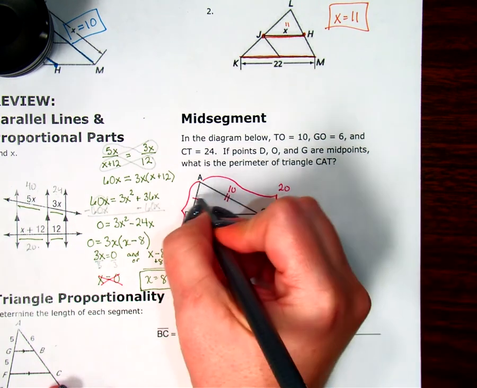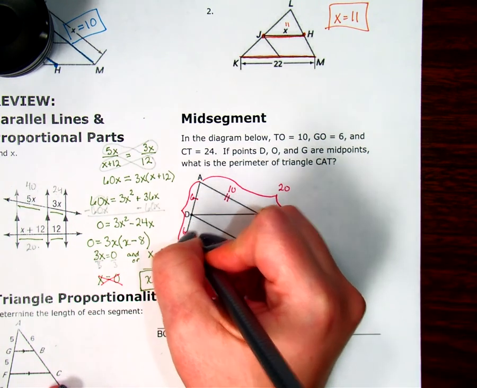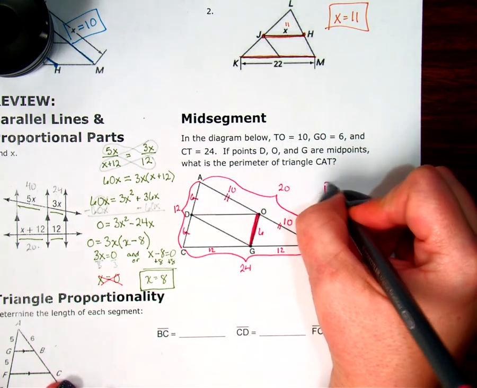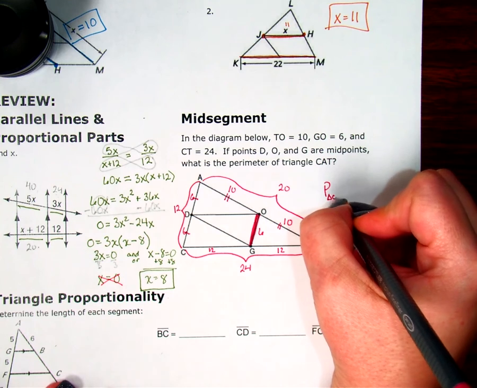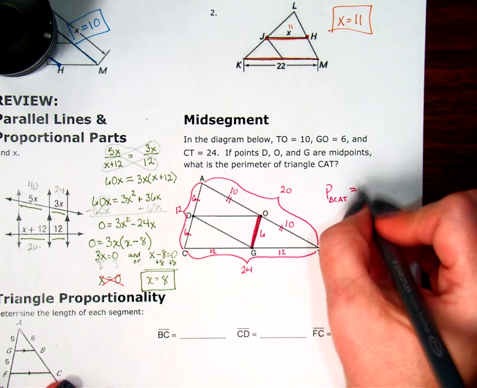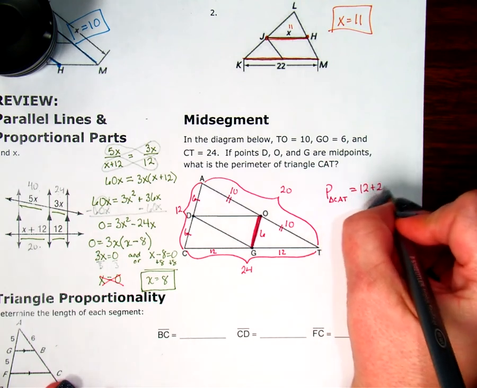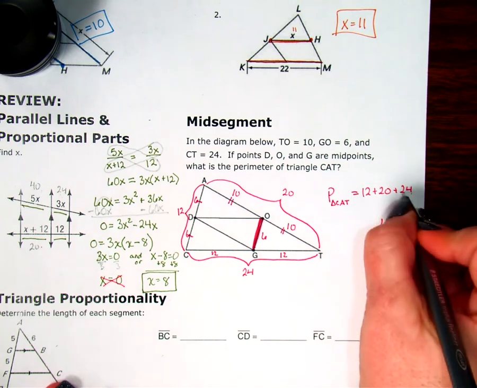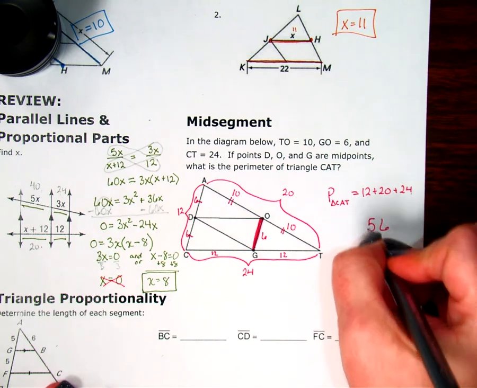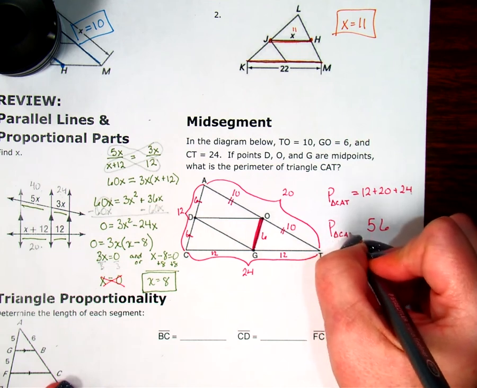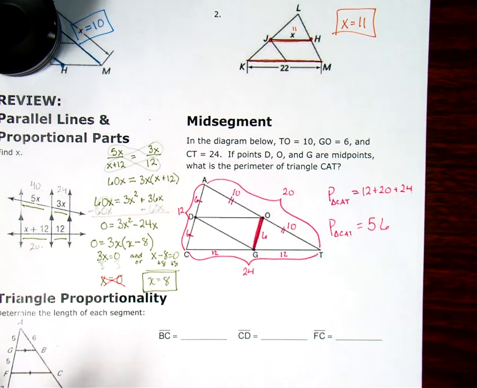So that means each of these little pieces are 6, and this piece here is 12. So my perimeter of triangle CAT equals 12 plus 20 plus 24, which is 56. My perimeter of triangle CAT equals 56 units.